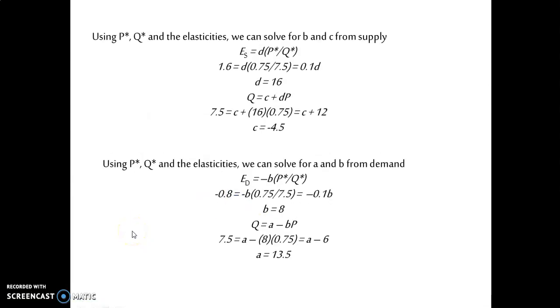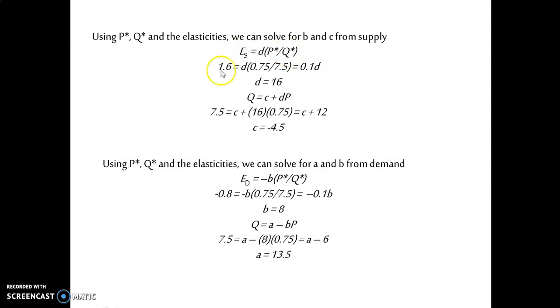So using P star and Q star and the elasticities, we can solve for our B and C, right? So our price elasticity of supply is equal to D multiplied by P star over Q star. And we are going to assume that we have been given this particular information.